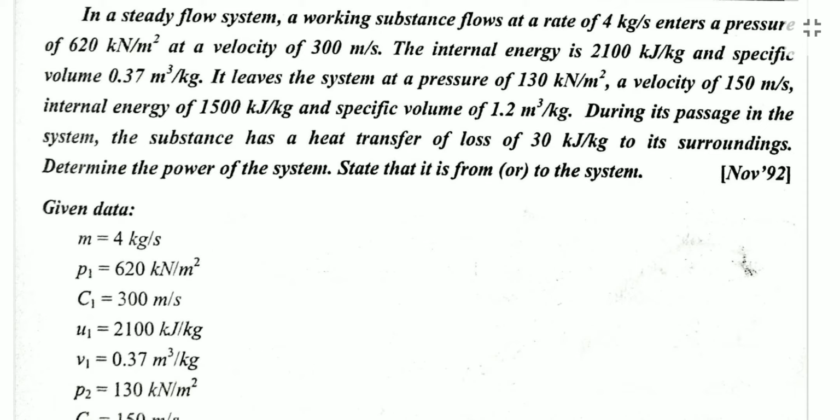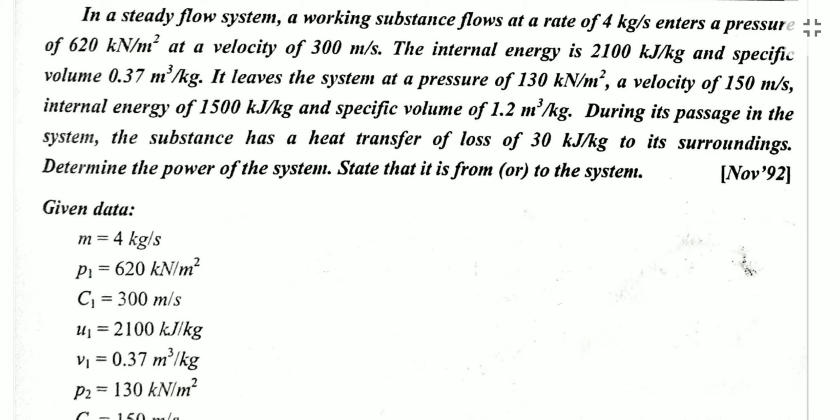The internal energy is 2100 kilojoule per kilogram. So the inlet internal energy of the system which is entering is 2100 kilojoule per kilogram. The symbol we are using is U1.